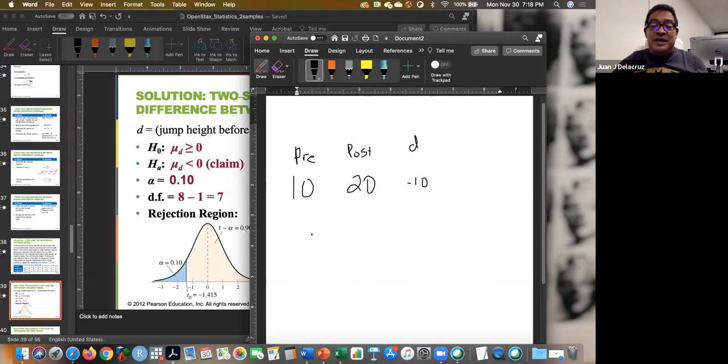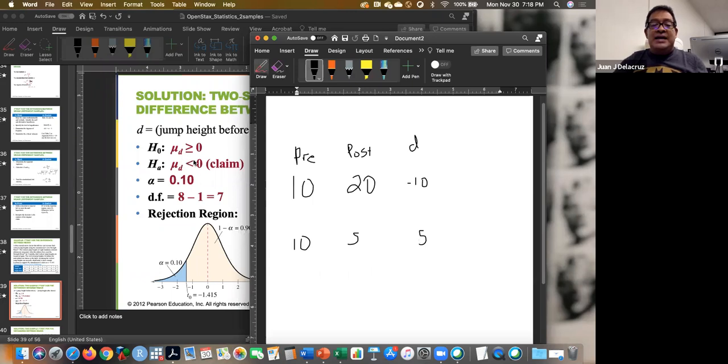Also based on the data, let's say that we have a pre of 20, using the same numbers, and we have a post of 5. So this is going to be a positive 5, right? If I subtract the post minus the pre, that is going to be a positive 5.